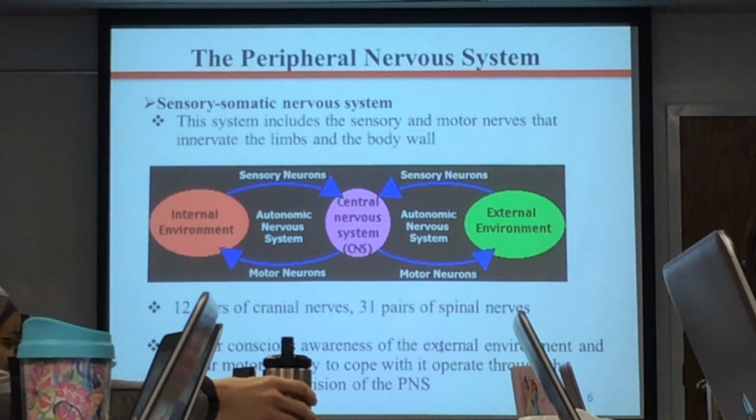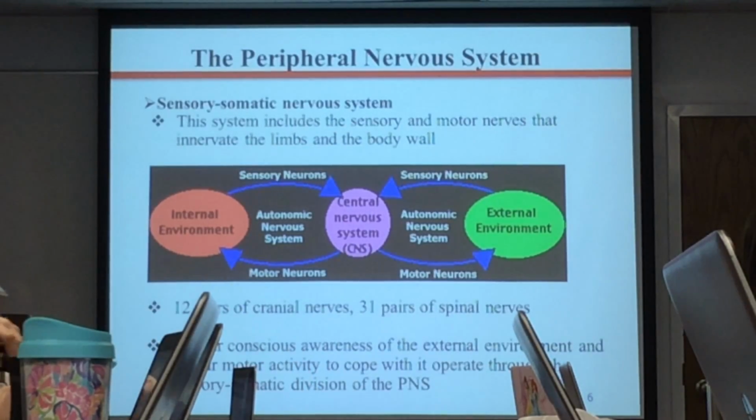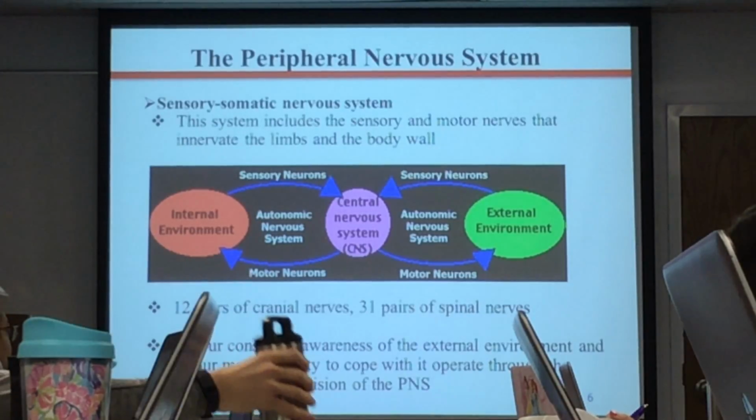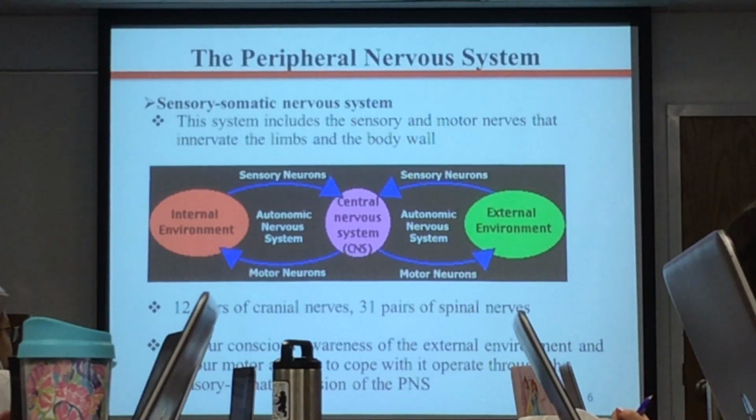Okay, so let's talk a little bit about the sensory somatic nervous system. So this system controls the sensory and motor neurons. So basically, it receives information, sends information, and also sends information to the different parts of the organs.